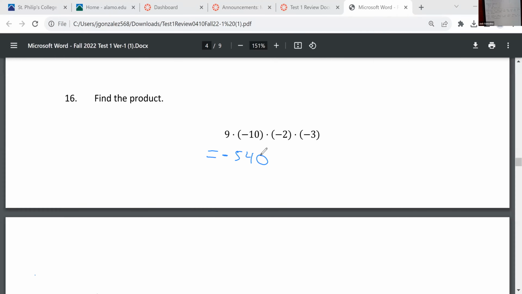Sorry, I forgot to multiply the 90 times 6. Multiply in any order, because it's multiplication. So I recommend, if you're doing it in your head, do the easy ones first. If you're using your calculator, it's all good. Be careful. There's not much work to show here.